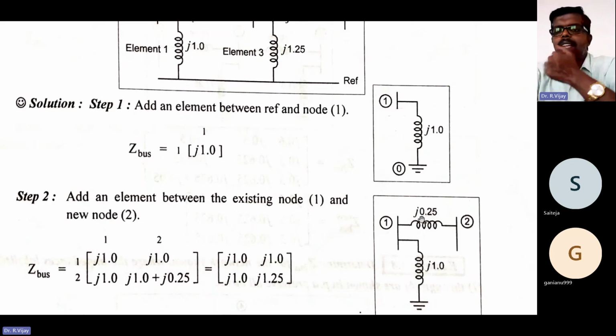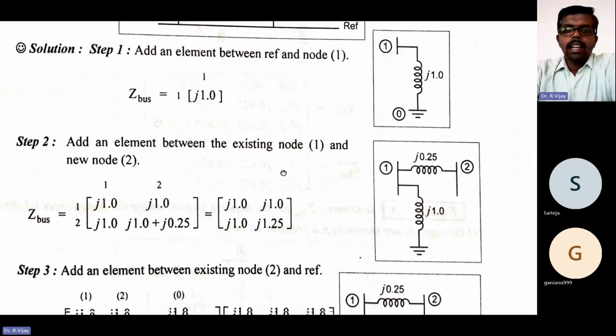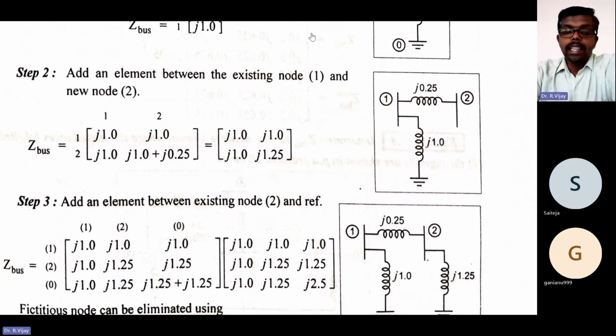So now the new element added is j into 0.25. So as I said before, how to add now, easily you can add like this. Whatever the element is here, the same element you need to copy here, rows and columns also.